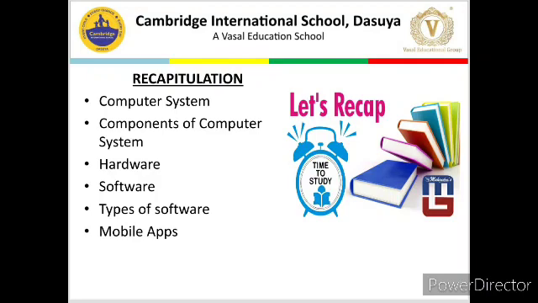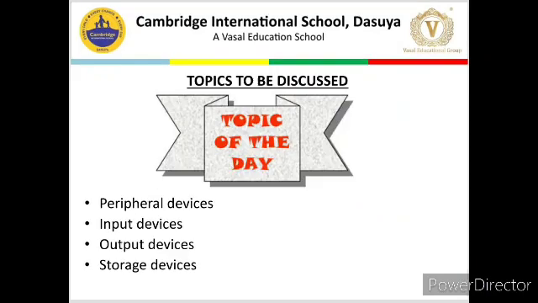Today we are going to discuss peripheral devices, the devices which actually make the computer work. Peripheral devices contain input devices, where we will discuss in detail keyboard, mouse, and scanner.